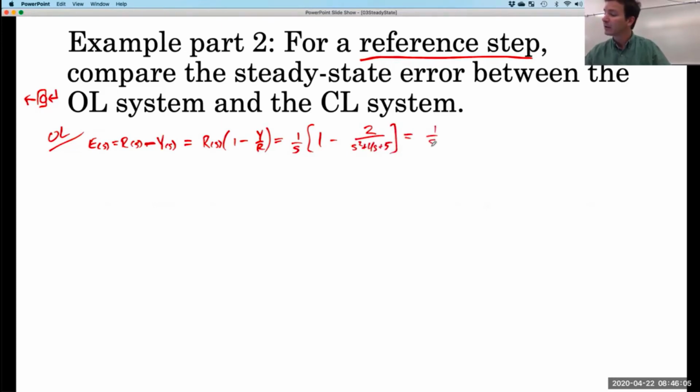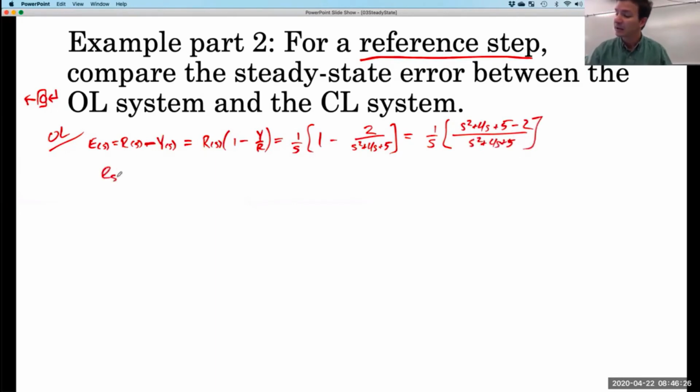So when taking these limits, and again, we're going to take a limit because of the final value theorem, it's nice if all of your fractions are combined. So I'm going to combine the square bracketed thing here to be s squared plus 4s plus 5 minus 2 over the same denominator.